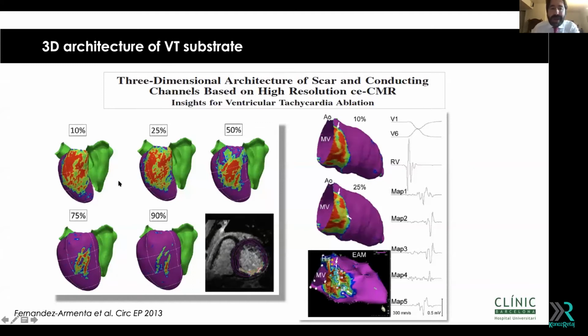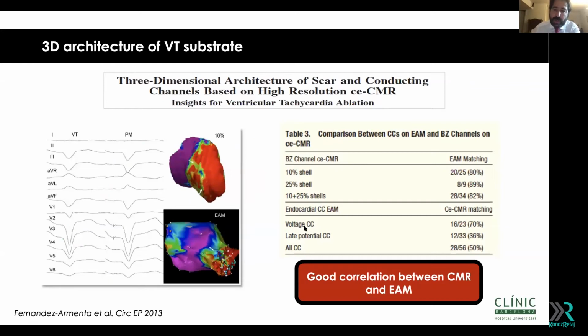So you can analyze by the MRI not only where is the scar, but what is the three-dimensional structure of the scar. And we demonstrated that there was a good correlation, more than 85%, between the MRI map and the electroanatomical mapping.